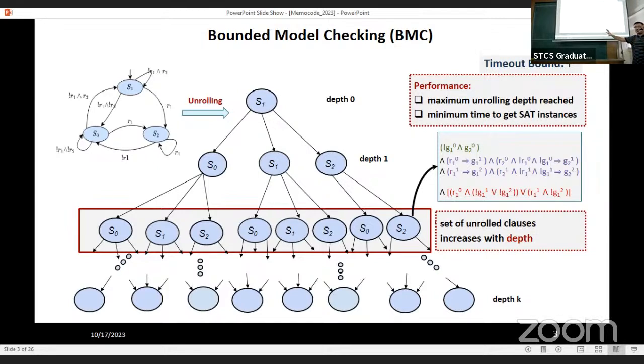You want to know whether all traces of your code, all traces of your FSM, satisfy the property. Alternatively stated, you are looking for one trace which falsifies the property, meaning one trace which agrees with the negation of the property.